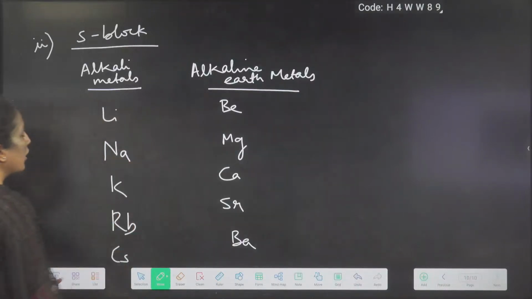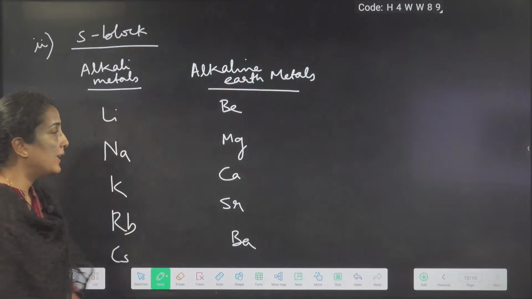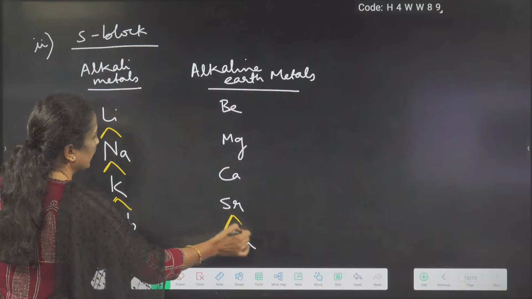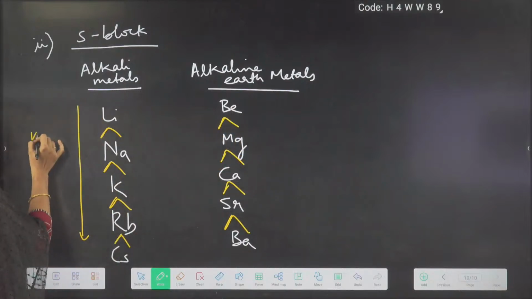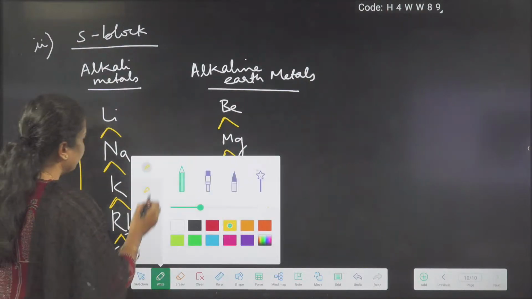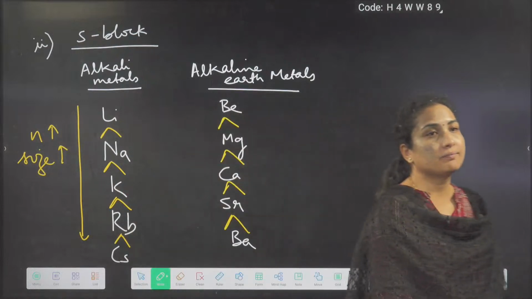As you proceed down, the shell numbers are increasing and hence from top to bottom size will increase. So simply we are going to write down size will increase. Are you able to see? This is like increasing down. So N increases and the size is going to increase. Got it, everyone?